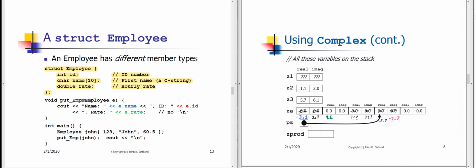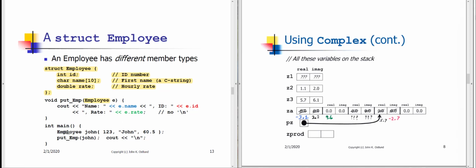We're going to have a putemp function that receives an employee object by value and displays the name, the ID number, and the rate with a little bit of beautification. So we're going to get name colon space and the name, and then comma ID colon space and the ID, and comma rate colon and the rate.